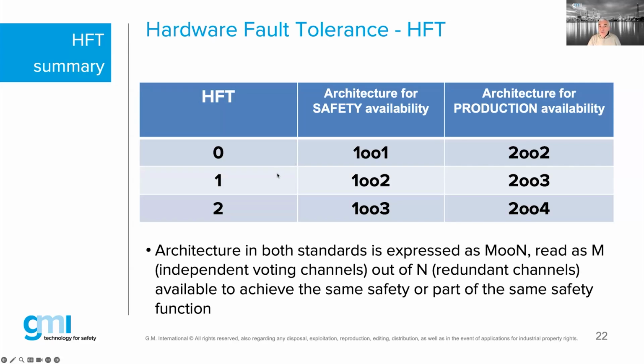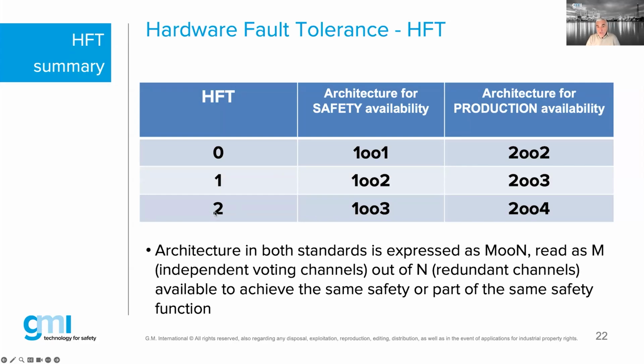When for safety reasons you need an HFT of 1, but production knows that if one transmitter comes in and asks you to trip, you're losing your production, and that doesn't make production people happy, then typically on sensing, on voting, we will use a 2 out of 3. That means at the same time we can tolerate a dangerous failure, and simultaneously we can also tolerate a spurious trip. That's where we would opt for a 2 out of 3.